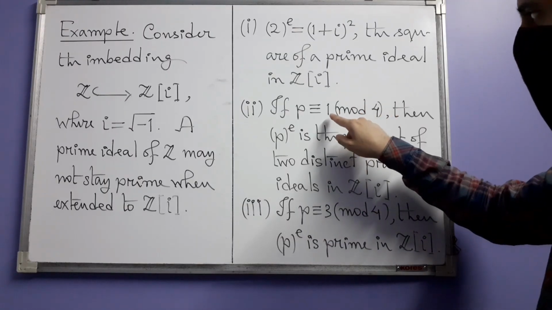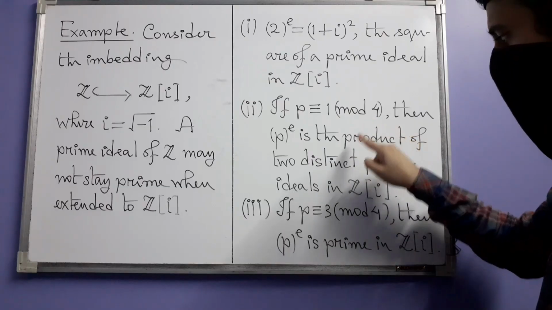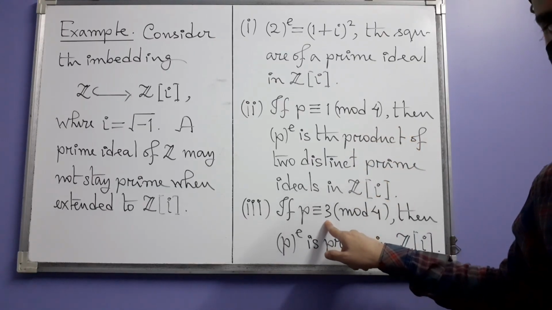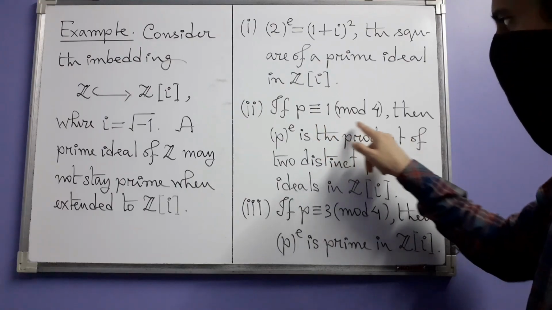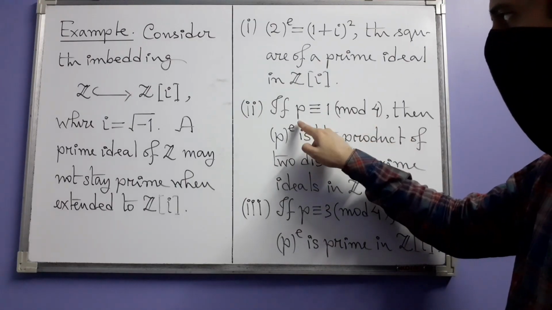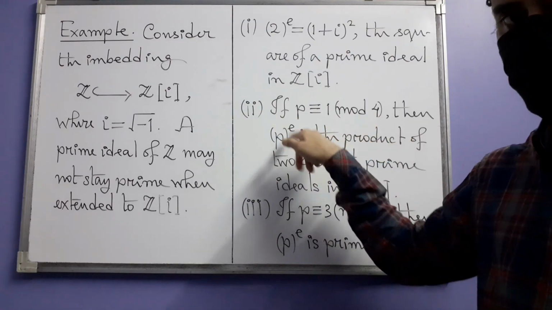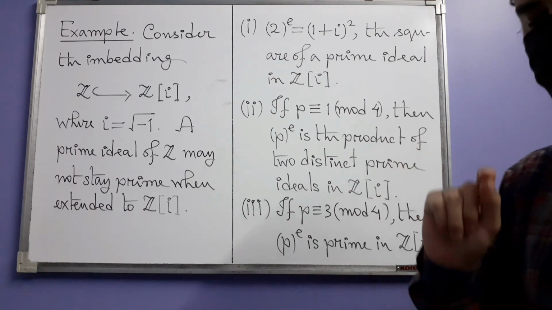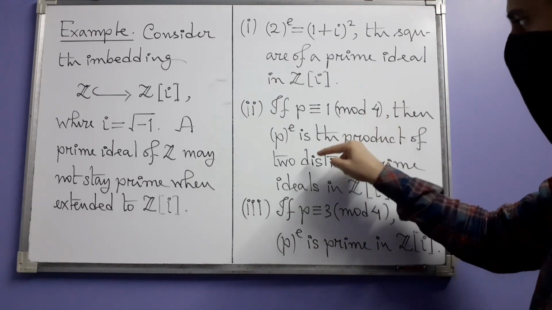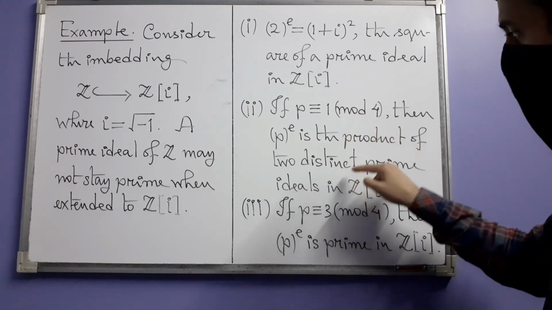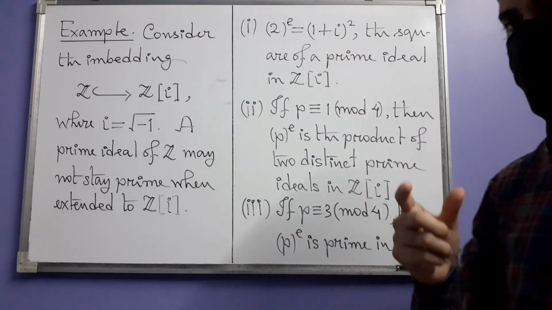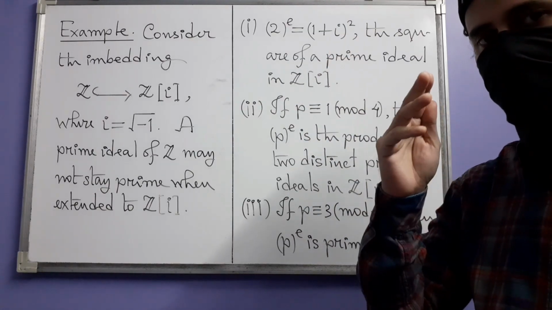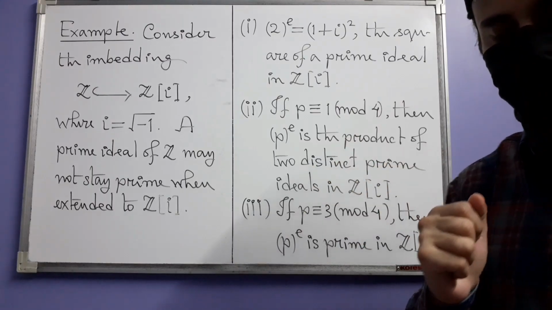Those which leave remainder 1 when divided by 4, and those which leave remainder 3 when divided by 4. For the primes of the first type, if we similarly consider the extension of the principal ideal generated by any one of them, then that turns out to be the product of two distinct prime ideals in Z[i], unlike this case where we have the same prime ideal whose square is the extension.